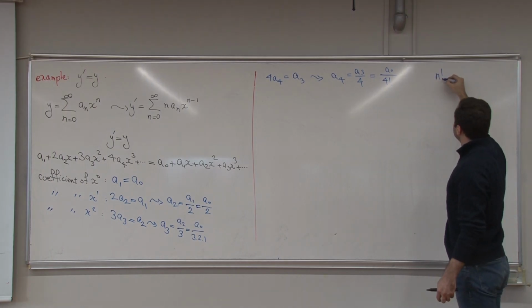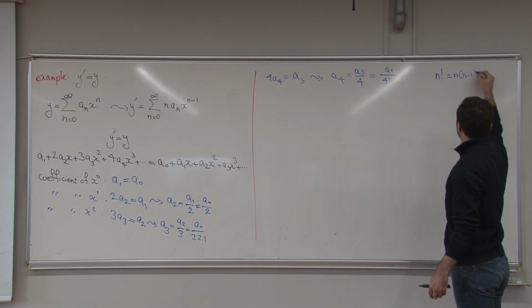And by n factorial, we mean n times n minus 1 factorial.